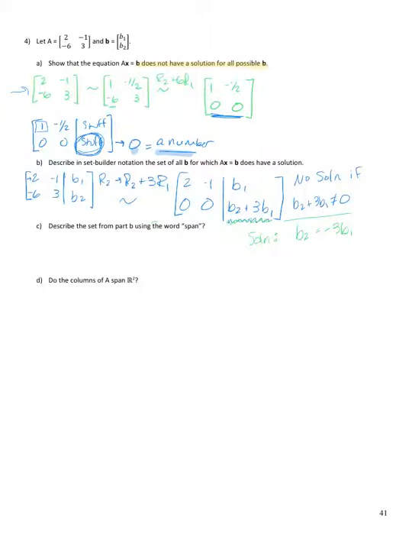To write that in set builder notation, any vector that satisfies this equation will have a solution. So B2 is negative 3B1. I'm going to have B1 and B2, where the second entry is negative 3B1, such that B1 is any element of the real numbers.